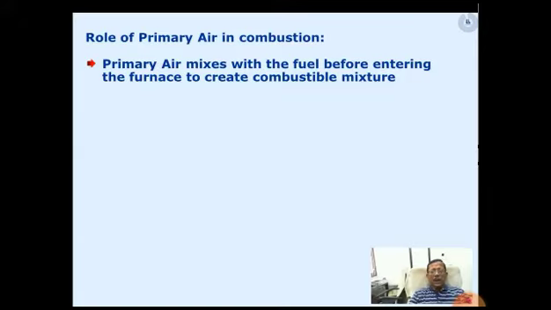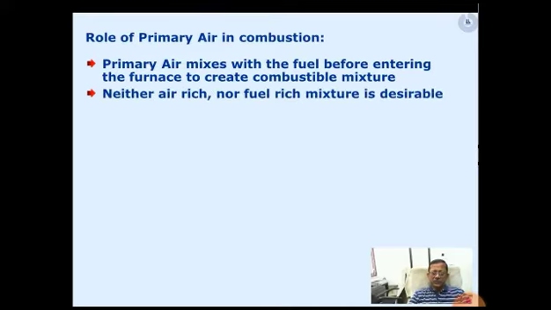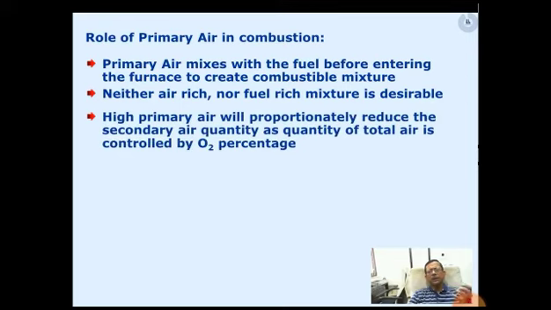Neither do we want a high amount of air which will make it an air-rich mixture, nor do we want a low amount of air which will make it an air-lean mixture or fuel-rich mixture, right? In fact, if you are using too high an amount of primary air, it can actually create a flame failure condition for a very air-rich mixture.